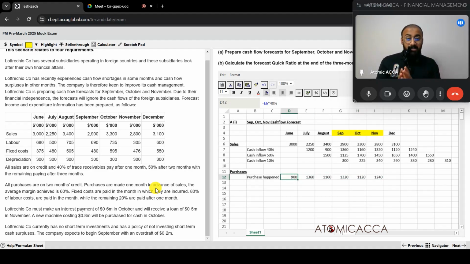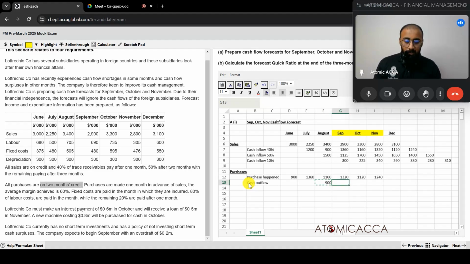Now this is the purchase happened. This is not the cash flow. Now they're telling that these figures are paid 2 months later, 2 months credit. So cash outflow will be happening for the June figure. This 900 will be paid in August. So if I connect this cell over here, then it will be August.